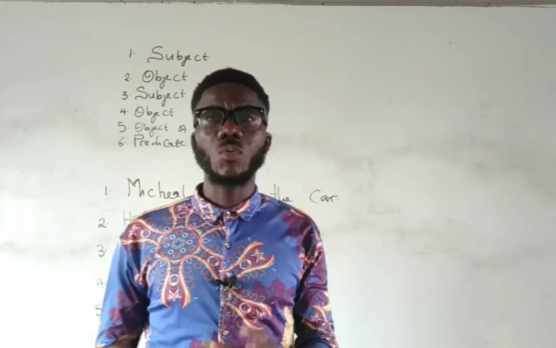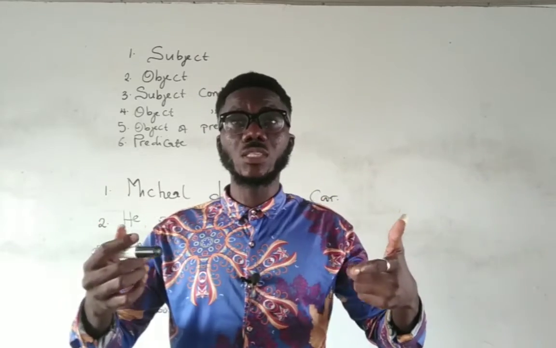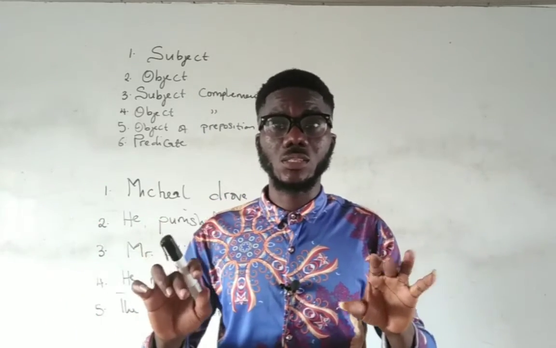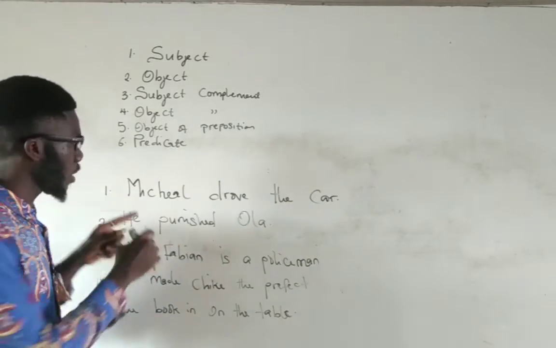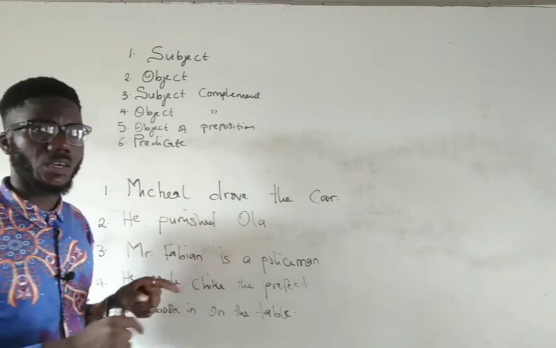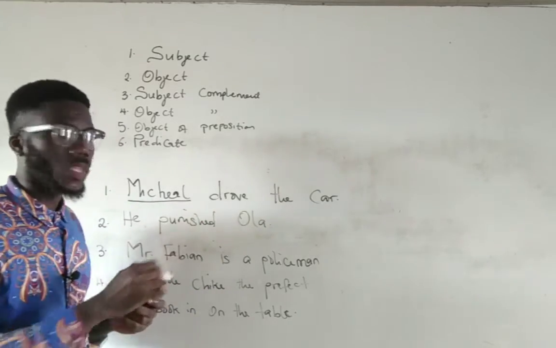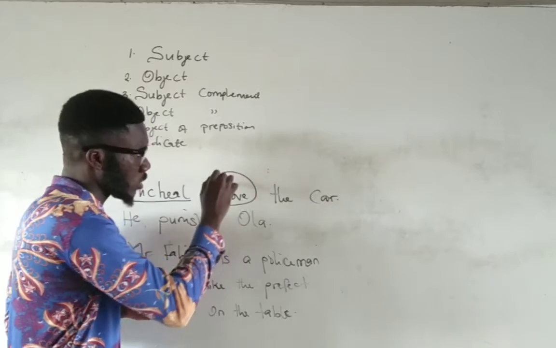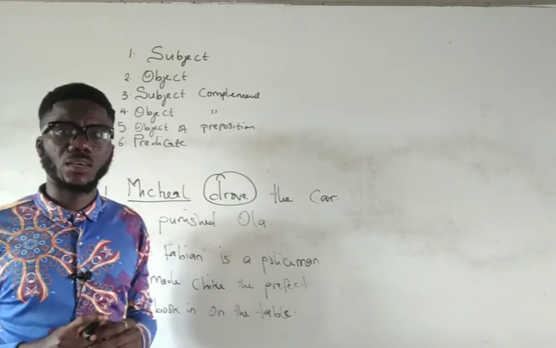In English language, whenever you mention the subject of a sentence, we are talking about a part of the sentence that performs the action in that sentence. Take a look at this sentence one: Michael drove the car. In this sentence, we are talking about Michael. This is the action in this sentence. Michael drove the car.